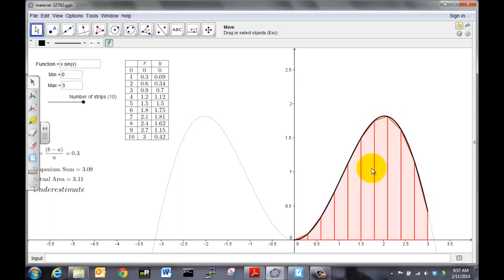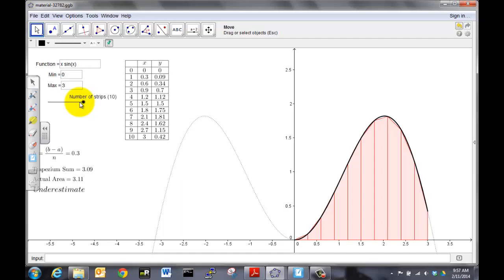So this would be a better approximation than either the left or the right. And you see here we got to 3.09 with just 10 trapezoids here. So trapezoids is most often a better approximation than left or right.